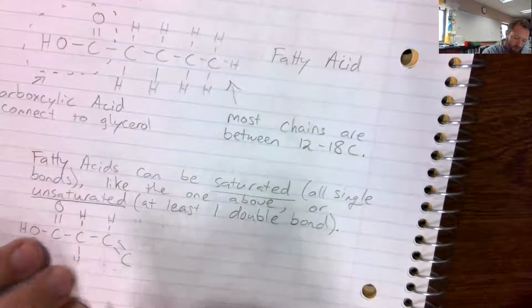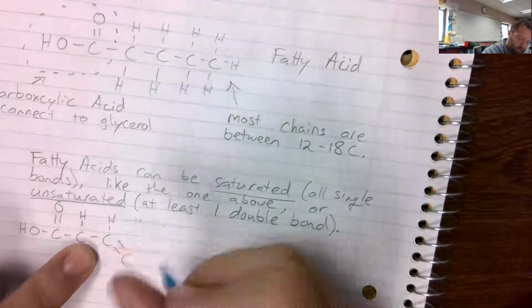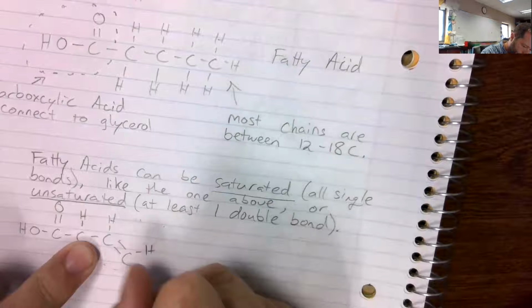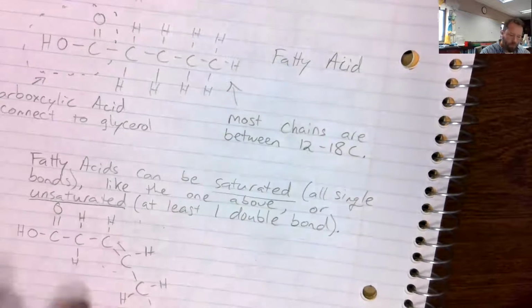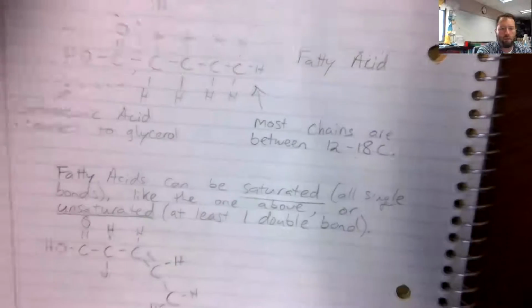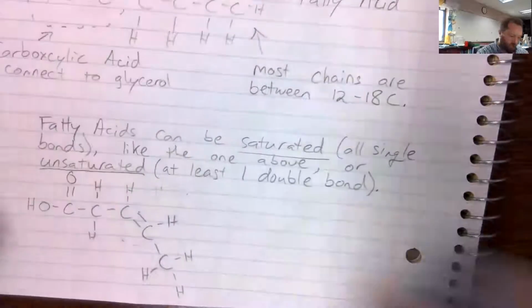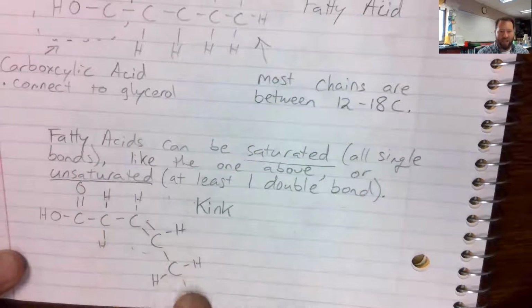And my double bond kind of bends. Again, I had to bring that other carbon down here. And that provides a bend, what we call a kink, in our fatty acid.